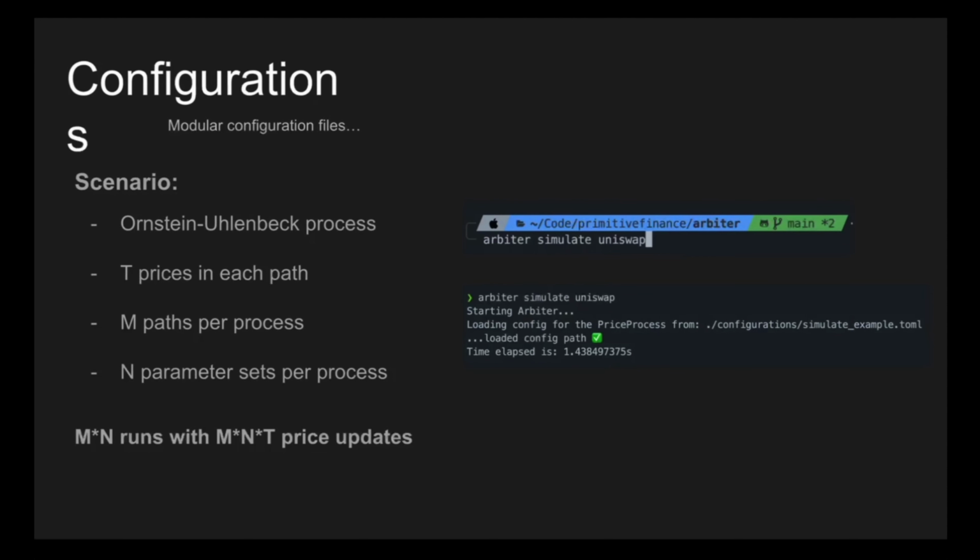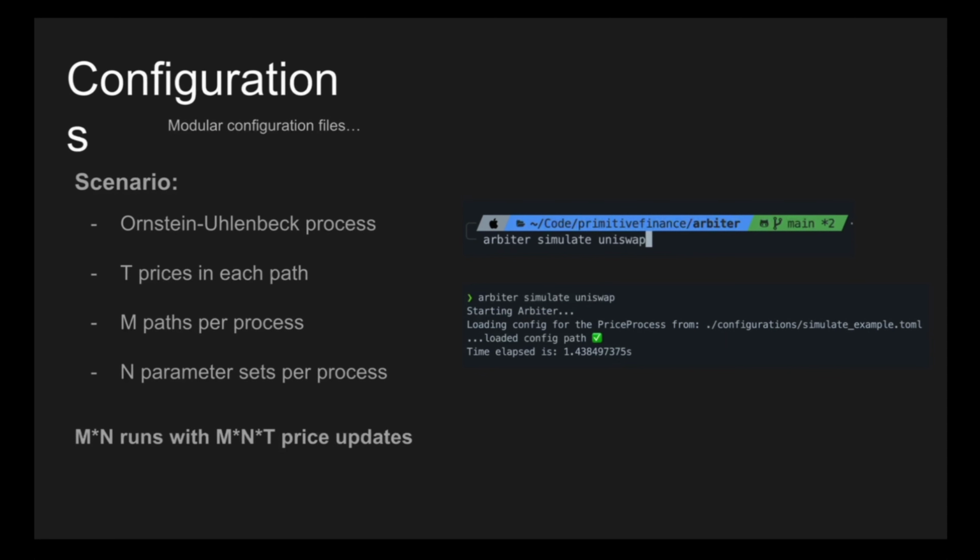So to configure this scenario, what we're going to do is use a price process called the Ornstein-Uhlenbeck process. This process is something that is mean reverting. So if I say, hey, the mean price should be 1, which we expect with stable tokens, these stochastic processes are going to bounce around the price of 1, but always stay pretty close.